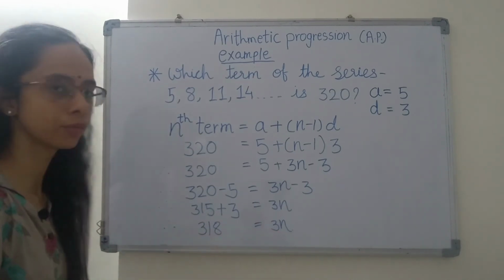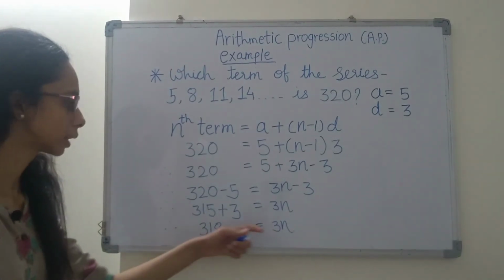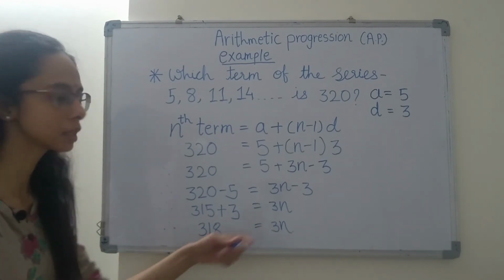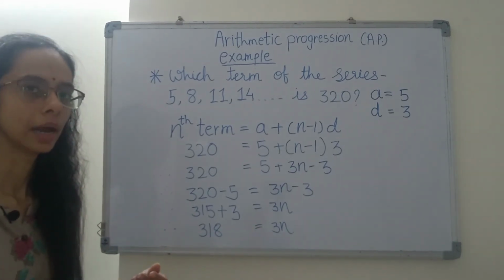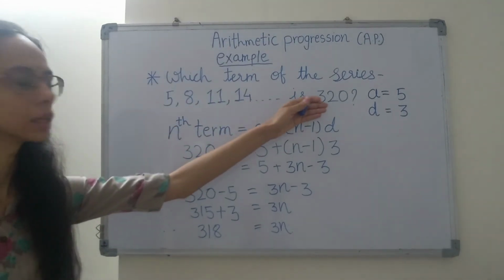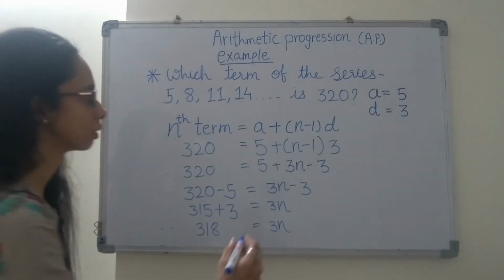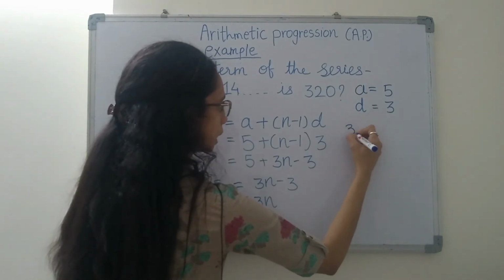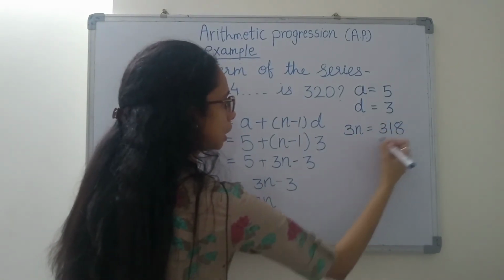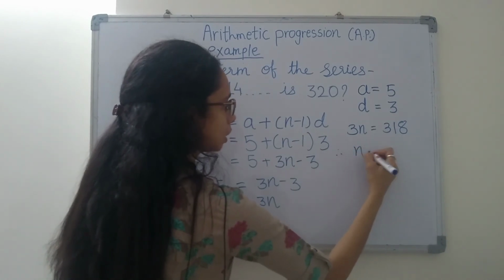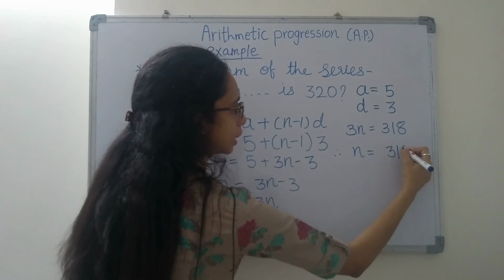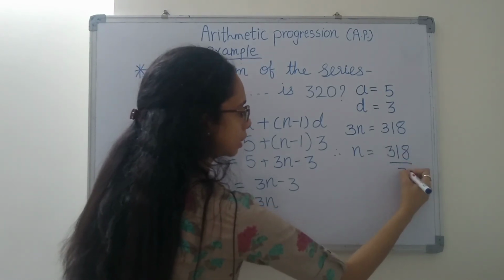Now 3n we have found out, which is 318. So by this we can find out n, and that will give us the answer to which term of the series is 320. Fine. So 3n is equal to 318, and therefore n, the term we have to find out, is 318 divided by 3.